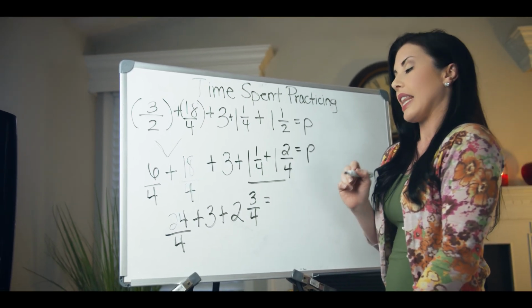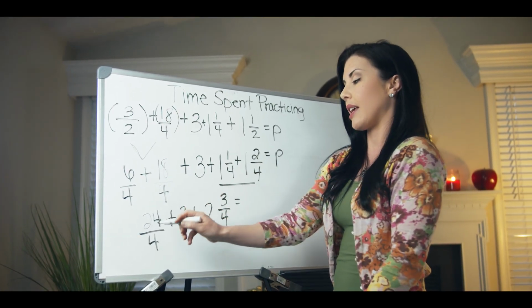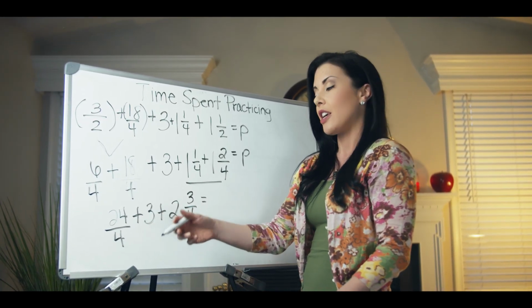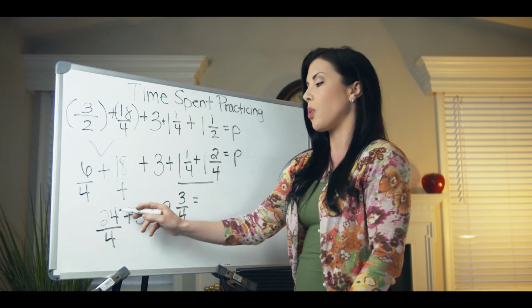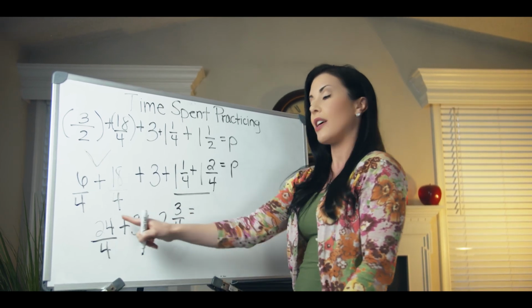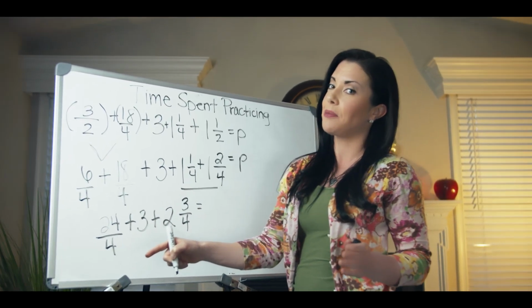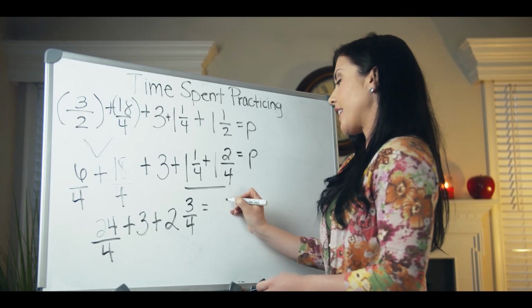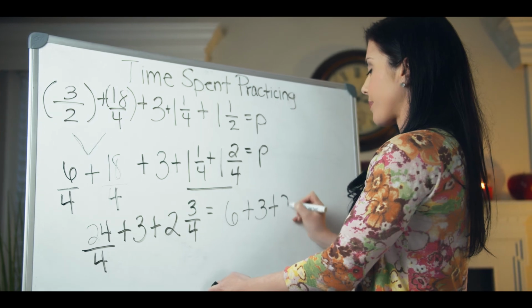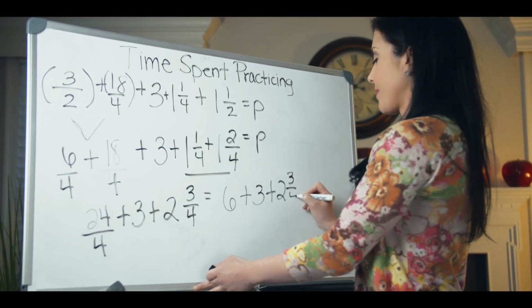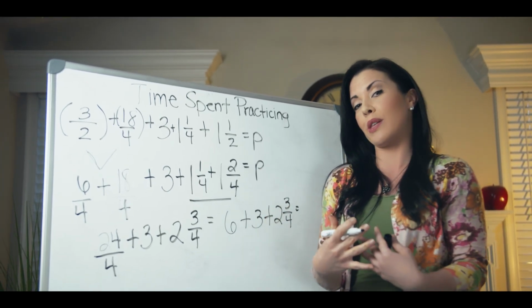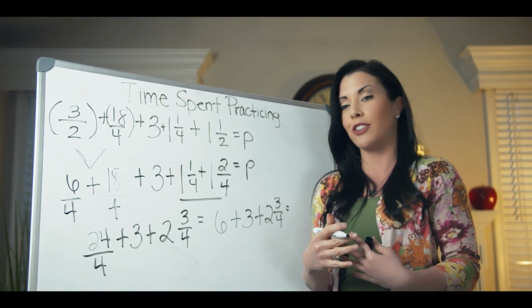So, last step. Remember that I said earlier in the lesson that fractions really mean division, right? So this really is saying 24 divided by 4. Okay, and we know that 24 divided by 4 is 6. Very good. 6, and then rewrite the rest of the problem. Now all I have to do is add my whole numbers together and tack on my fraction.